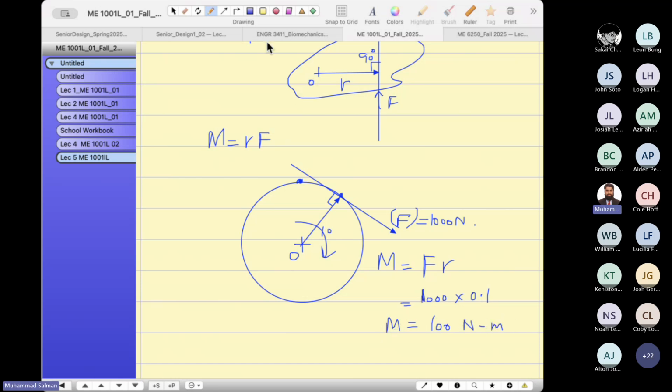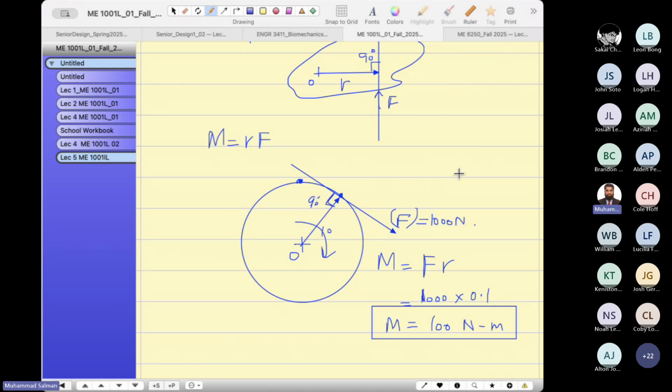This is the moment caused by this force, and this is also known as the perpendicular lever arm. This is the moment arm or the lever arm. It is always perpendicular to the line of action of the force.